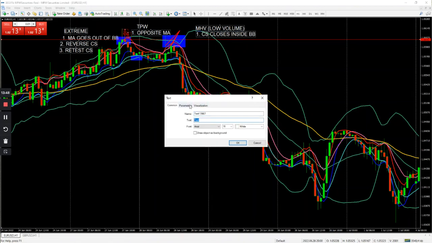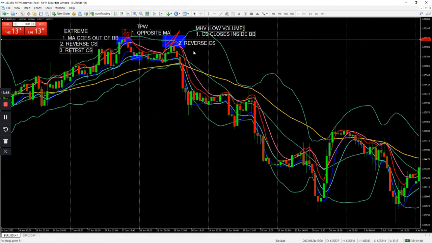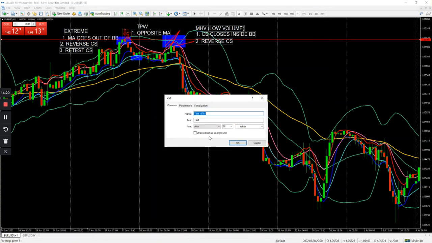The next thing you should wait for is the reverse candle. Here we have the reverse candle. That is telling you that it will not go further up. The third criterion that you should wait for, similar to extreme, is a retest candle.